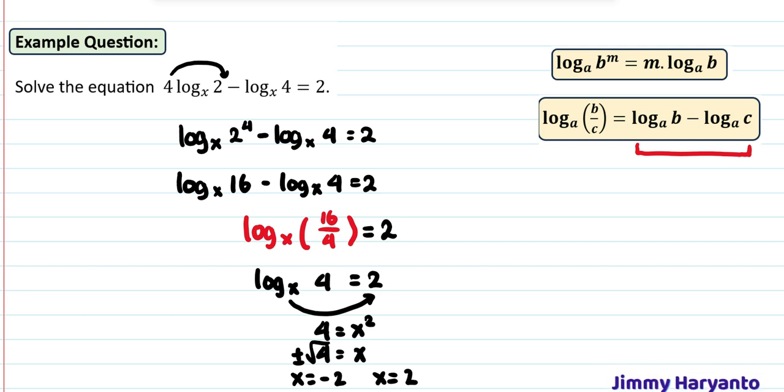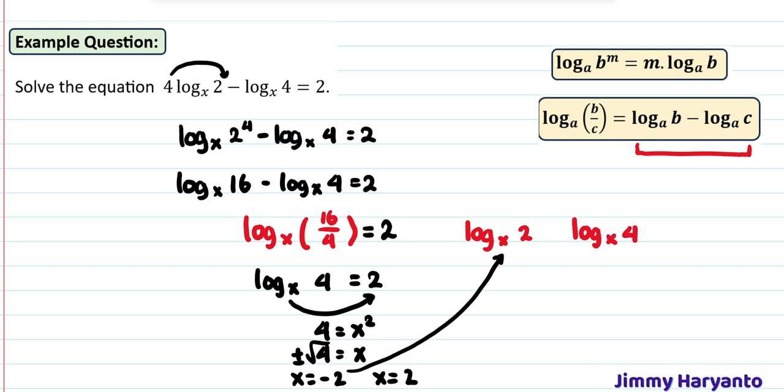And then one more thing, we have to check whether the x is legit or not. Okay, so we have log x of 2 and log x of 4. If you put the negative 2 right there, you have logarithm of negative 2 and 2.